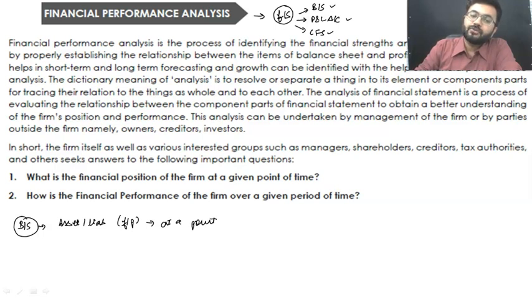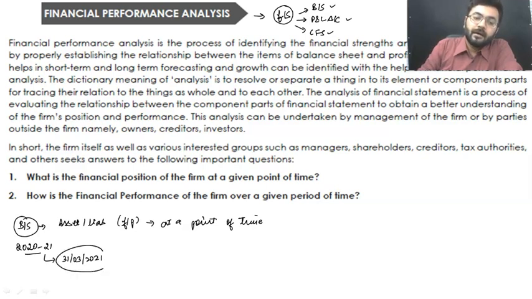Like the balance sheet is for the year ended 2020-2021, so it is going to show you the figures at 31/03/2021. It is going to be the performance at a particular given time.